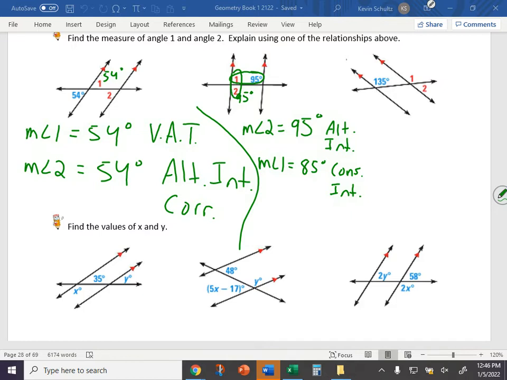Consecutive interior, they have to be at different vertices. We did that one. Well, linear pair. LPP, yeah. Okay. The other one we could use, angle 1 and angle 2 are a linear pair, right? They make a straight line at the same vertex, so that also shows that angle 1 is supplementary to 95, making it 85.